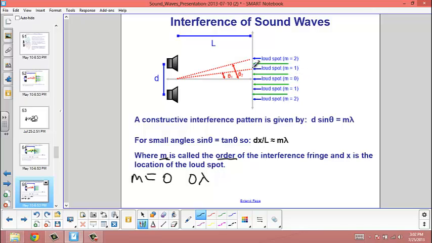When we come up to this next spot, M equals 1, above, or at some X location away from that central fringe, at that location, waves would travel from speaker A and speaker B. Since it's a loud spot, they're said to be in phase. However, at that location, where M equals 1, we're off by 1 complete wavelength.